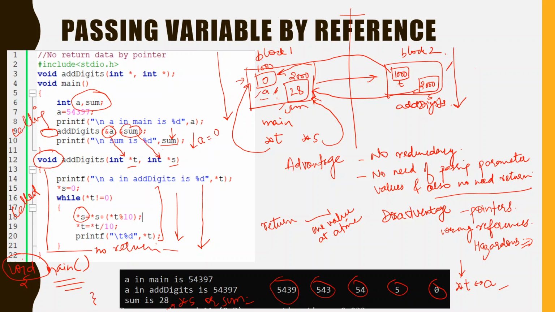So normally, if this is not required as a memory saving procedure, then you should not use passing variable by reference. But yes, passing variable by reference does make the program memory efficient, and since you are accessing the same memory, it becomes faster also. So this was passing variable by reference.